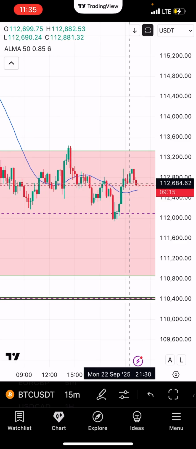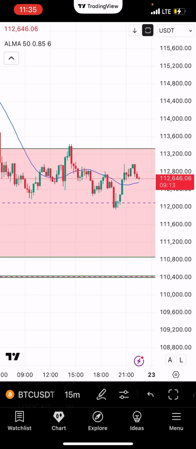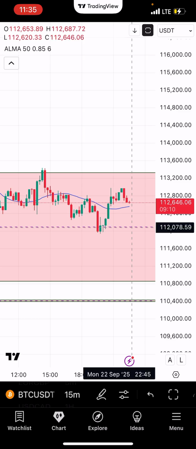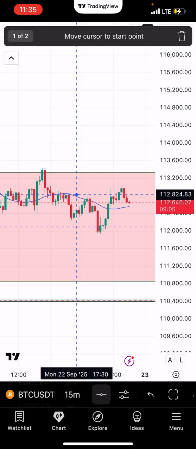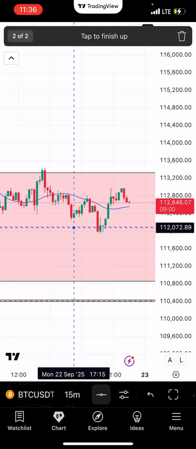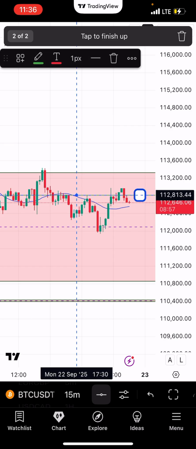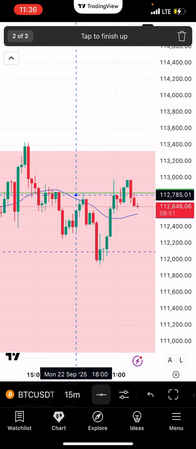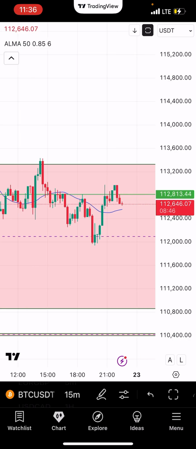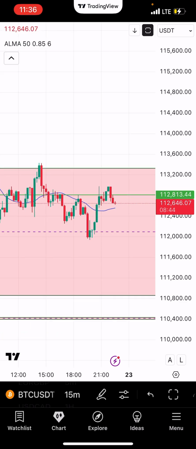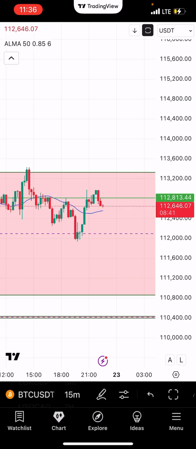By doing so, we have seen a new change of character somewhere here, because the candlestick has broken this support. So I can confidently make an entry from here, because after this change of character, what we're expecting to see is a break of structure.